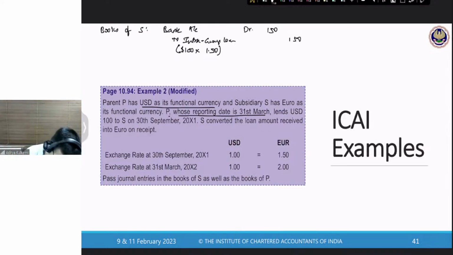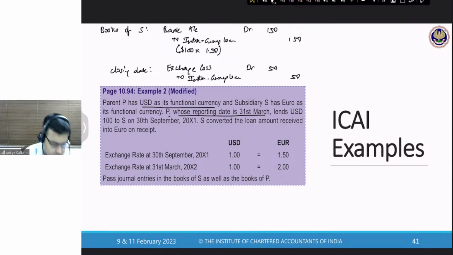Next, closing date. There is a movement in the balance which gives rise to an exchange loss. It is adverse to intra-group loan, 50-50.